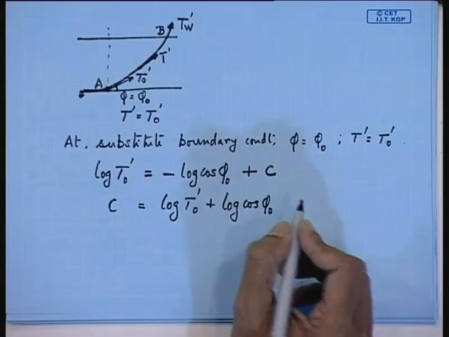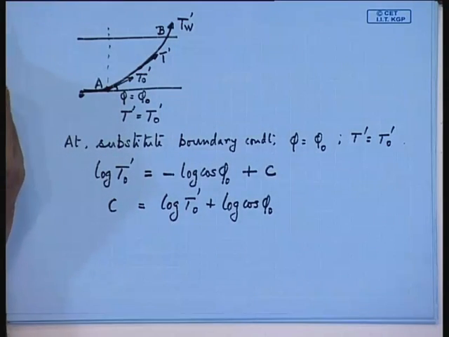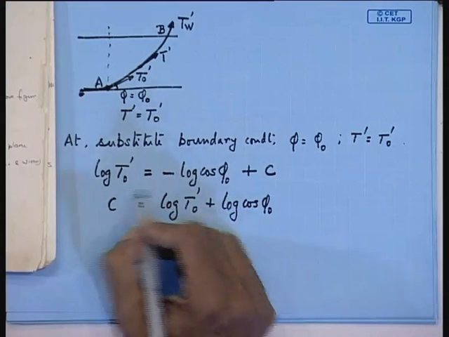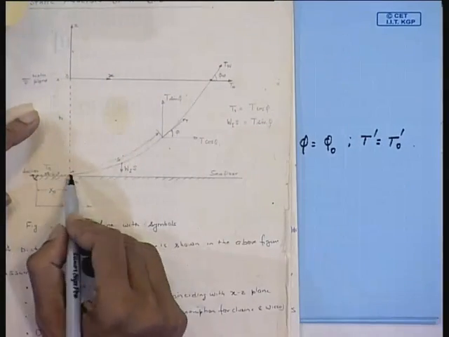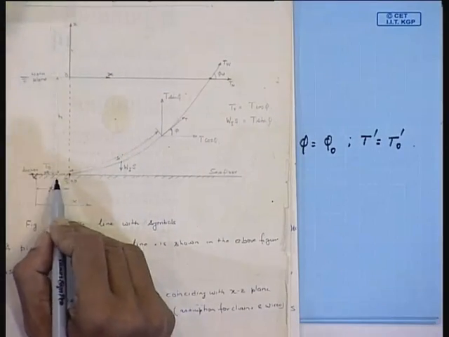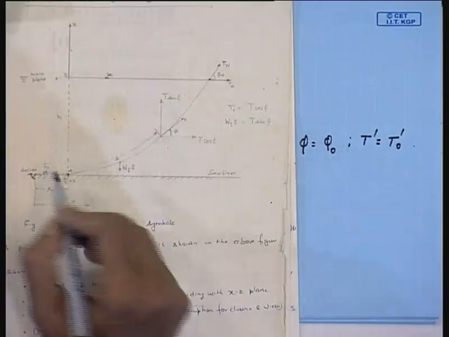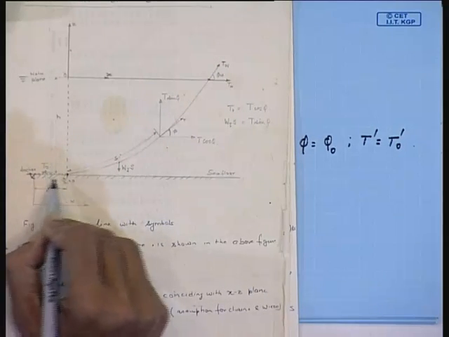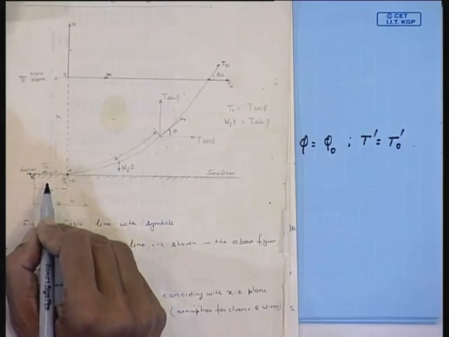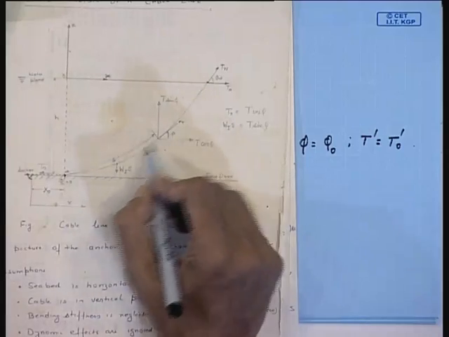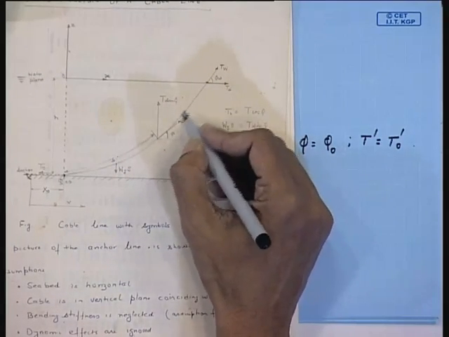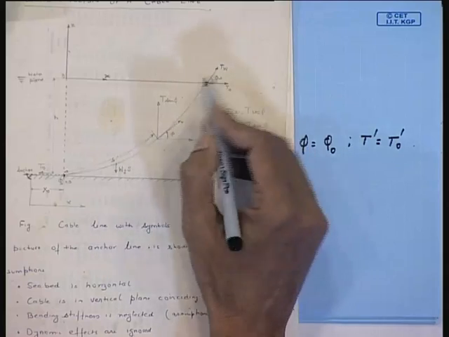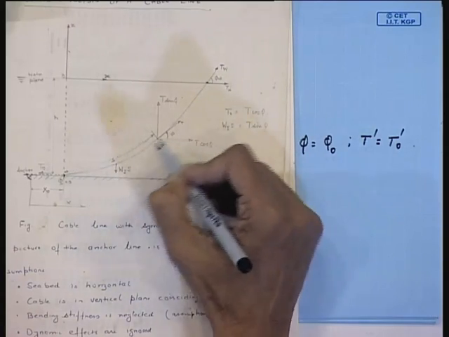If you want to analyze this chain cable, we have to find out T' naught and phi naught. Normally you have to do some line instrumentation. You calculate the horizontal force at the anchor, and for T' you can put a strain gauge here to calculate the tension at various points.